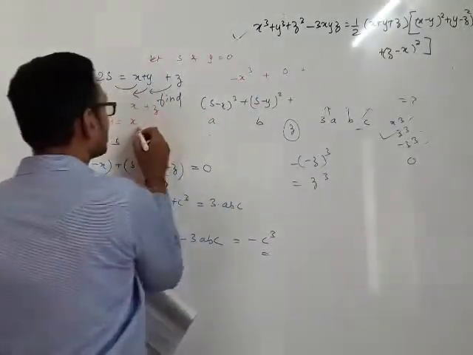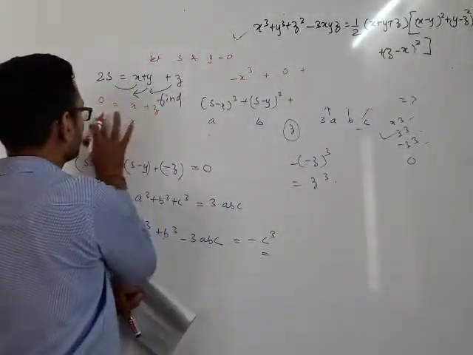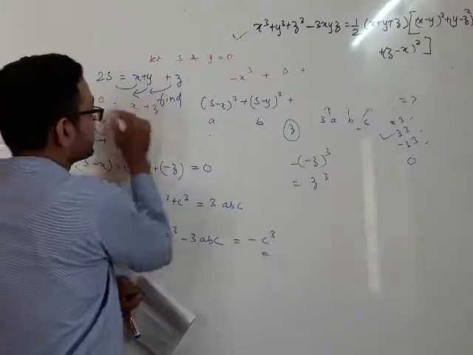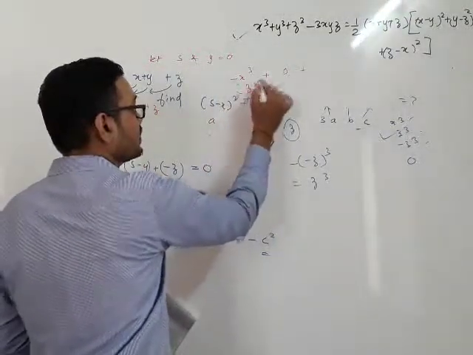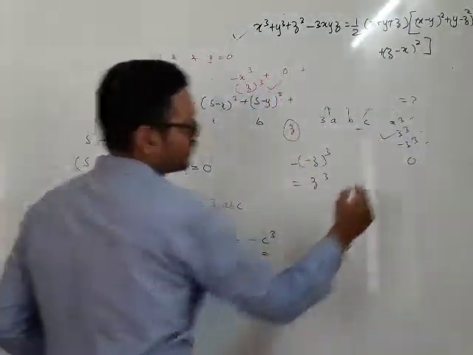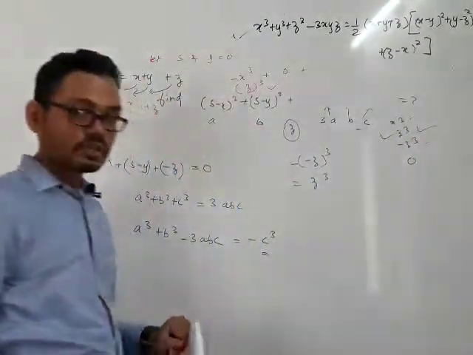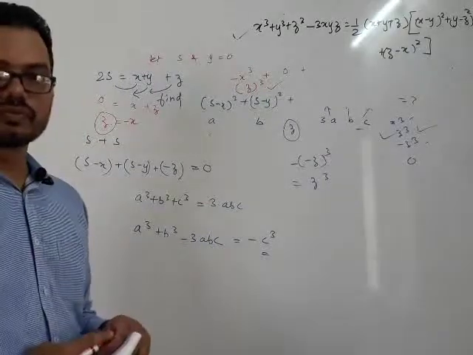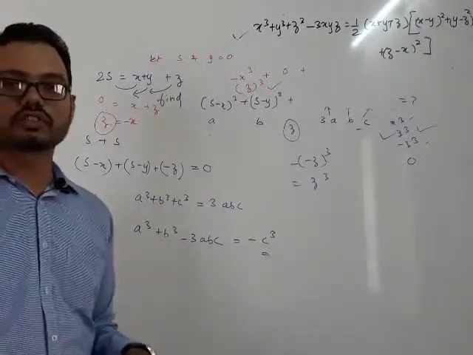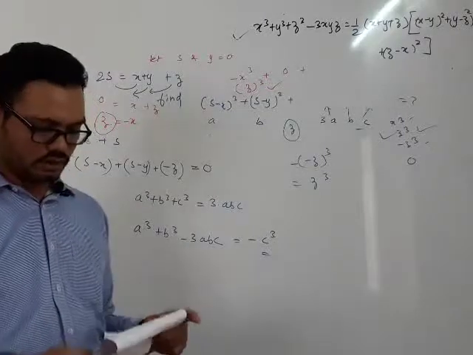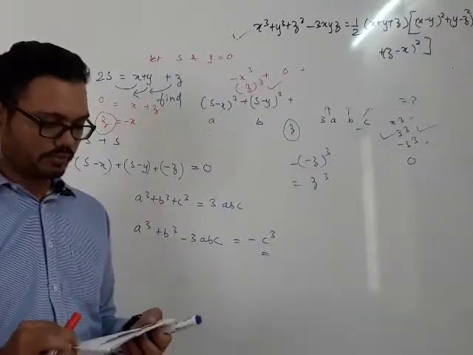Minus x, we put the value as z, directly z cube becomes your answer. So we have put the values. How and when we have to put the values, that also we'll discuss, and in the next part we'll cover it at the end.